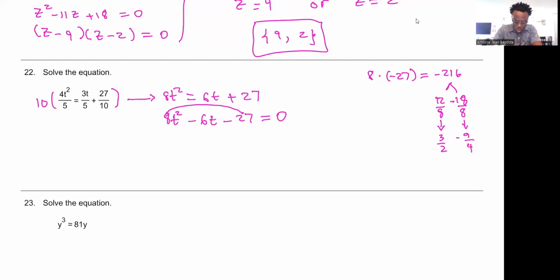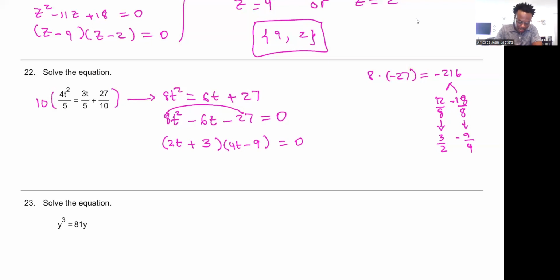4. So the factored form here will be: the bottom is the coefficient of the variable in the set of parentheses, so 2t plus 3, and the bottom for the second fraction is the coefficient of t in the second factor, so 4t minus 9 equals 0. Then solve each of them equal to 0.